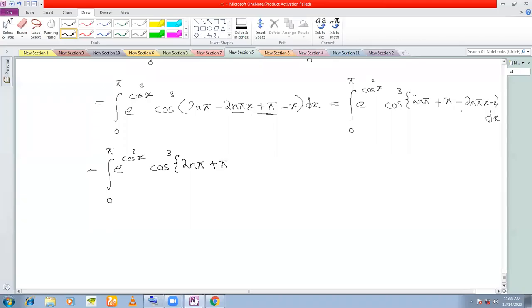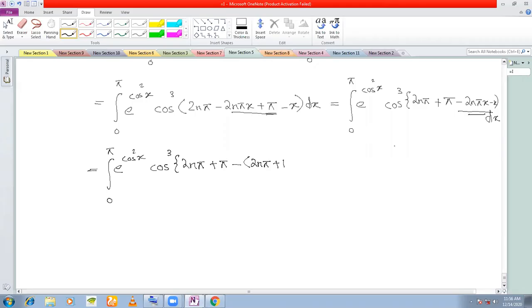Now from these two you can take x common, so you write this as pi minus (2n plus 1) into x.